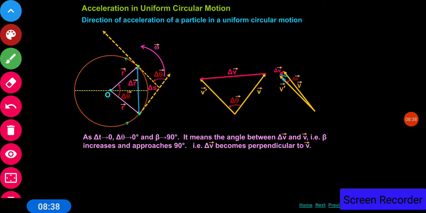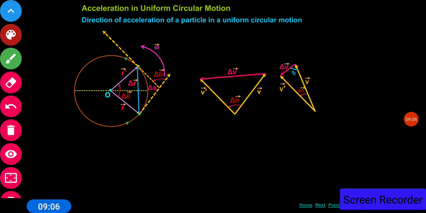As del t tends to 0, del theta tends to 0 and beta tends to 90 degrees, and the angle between del v and v, that is beta, increases and approaches 90 degrees. That is, del v becomes perpendicular to v, and whatever is the direction of del v is the direction of the acceleration. So we can say the direction of the acceleration is perpendicular to the velocity vector.